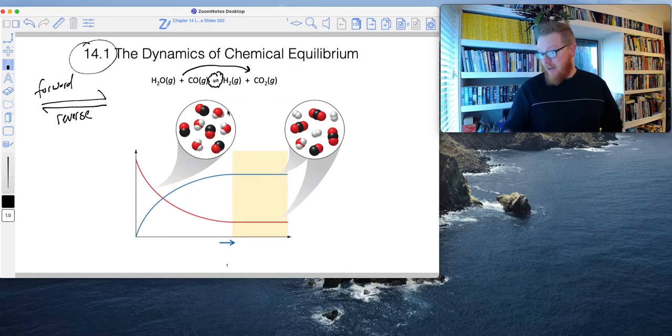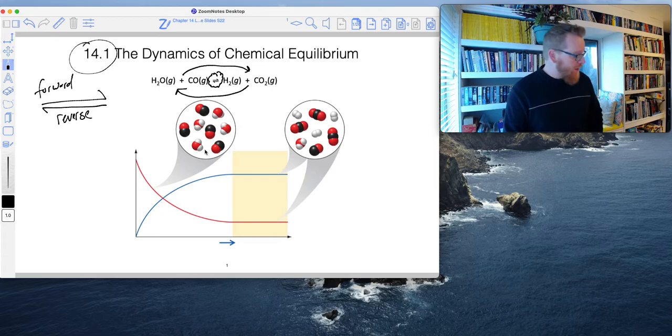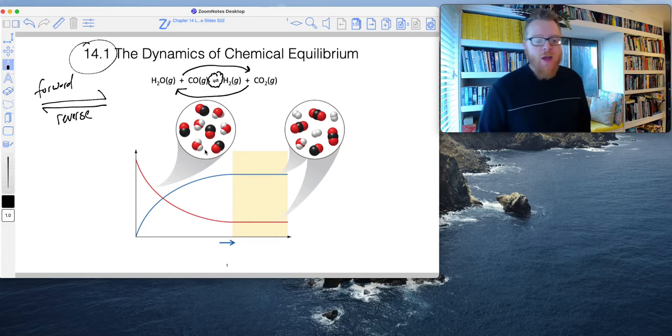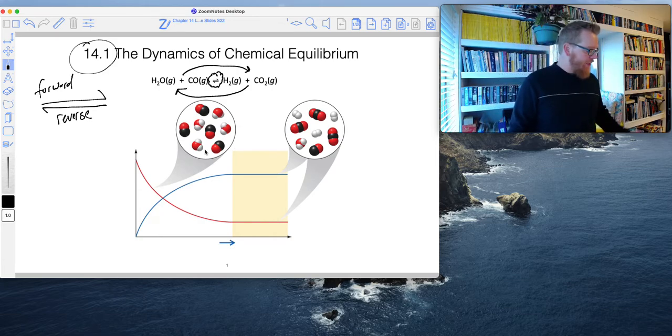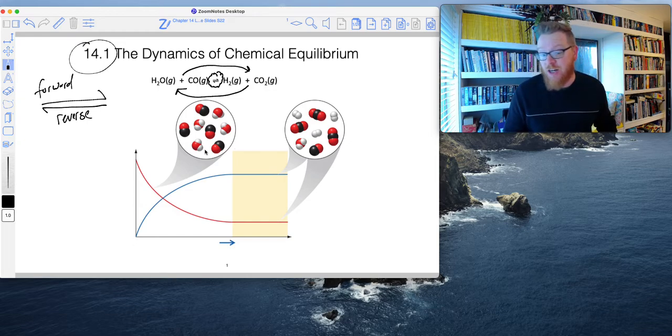However, when a significant amount of those products form, now H2 and CO2 can react with each other and go backwards as well. Okay, and so equilibrium is achieved when the concentrations stop changing over time.